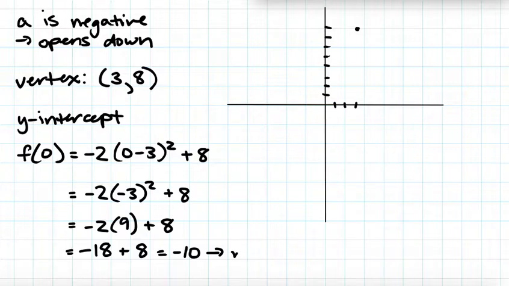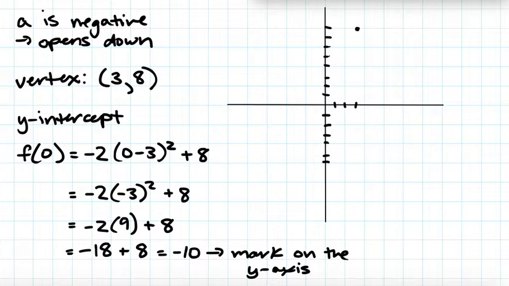So I mark that point on the y-axis. So negative 10 is going to be right here. Now, drawing this in is going to be pretty easy on my math lab.